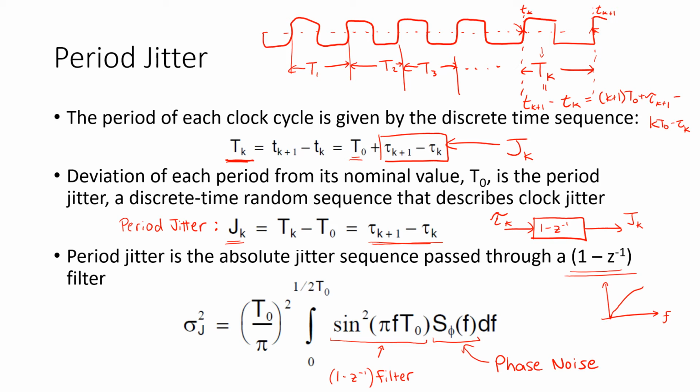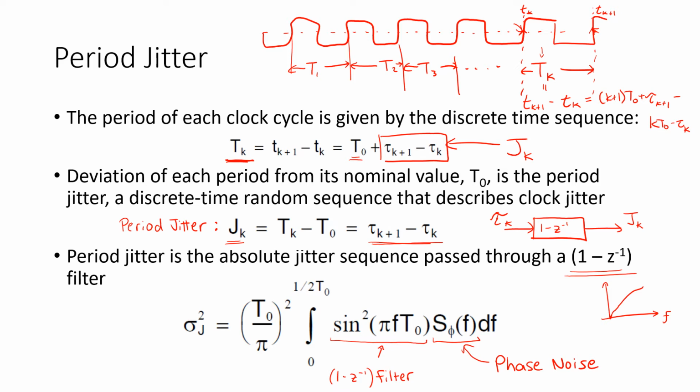So this makes sense. If we think of absolute jitter that has low frequency content, that physically would mean that rising edges of the clock are slowly moving back and forth in time, so that the difference between one rising edge and the next one wouldn't be very much, right? The variations due to low frequency phase noise are arising and disappearing very, very slowly. And so such jitter would not be evident just by looking at any individual period of the clock waveform.